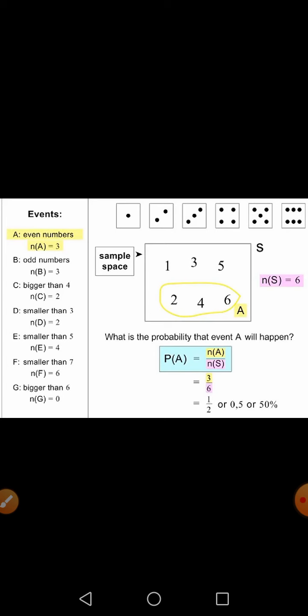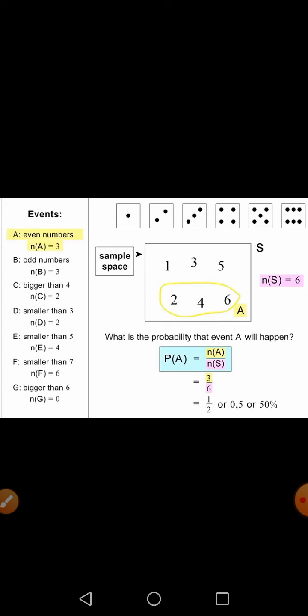So the probability of A is the number of events that happened over the number of total outcomes. Okay, so the number of A, as I named it, is what?